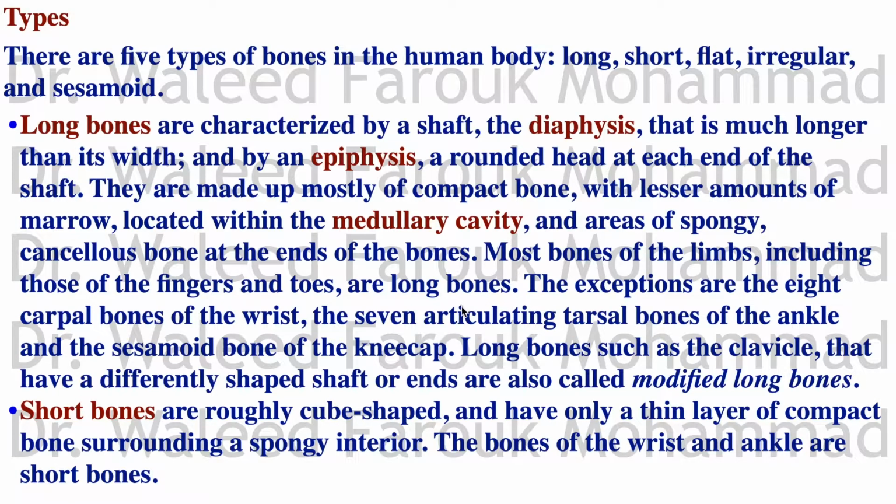Now, for the types of bones, if you want to classify bones according to shape, they are classified into long, short, flat, irregular, and sesamoid bones. Sesamoid bones are the bones that grow in tendons, like the patella, for example, the kneecap.